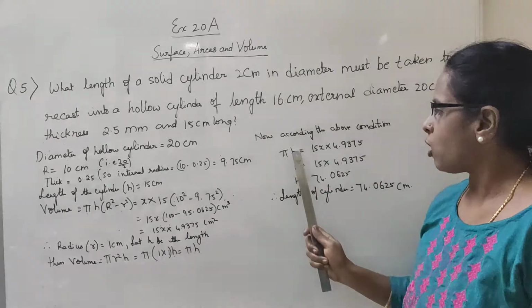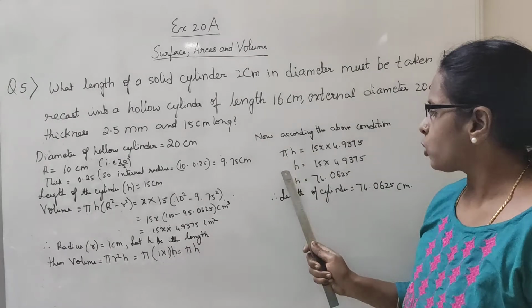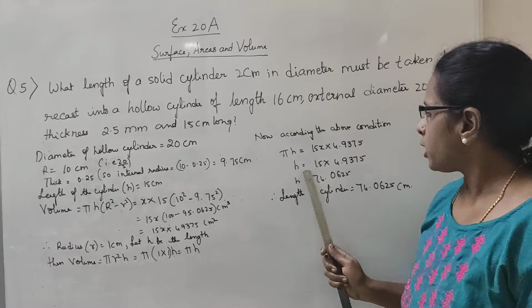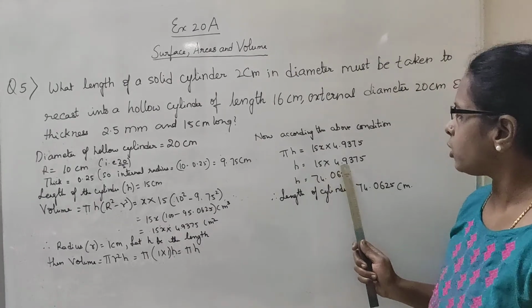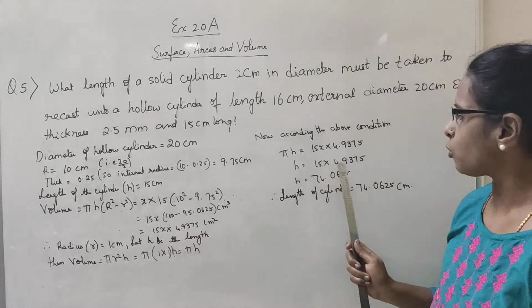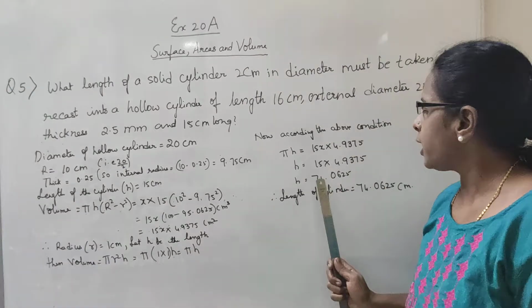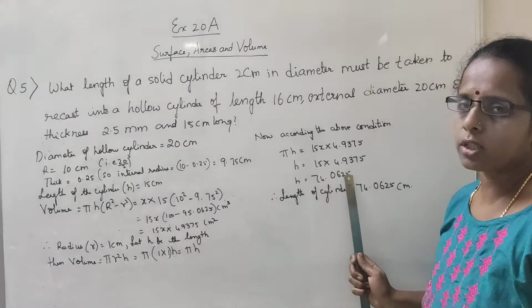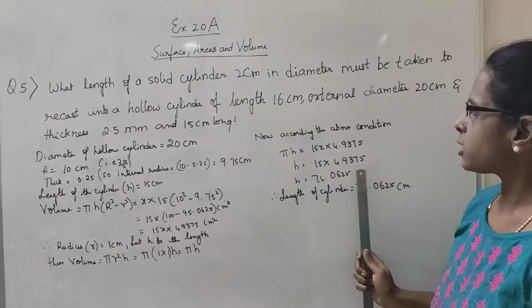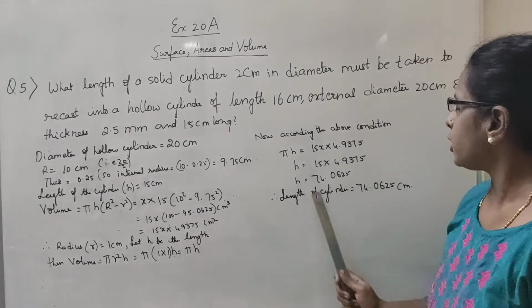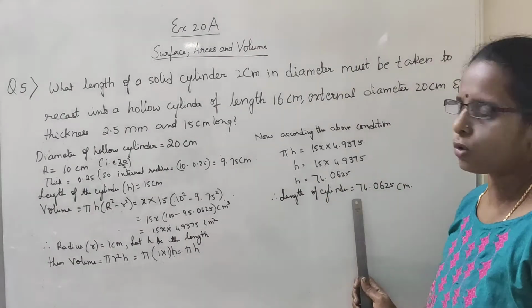So pi h, how much is pi here? 22 by 7. H is how much? That is equal to 15 into 4.9375, multiply that, we get 74.0625. So this is the final answer for the length of the cylinder.